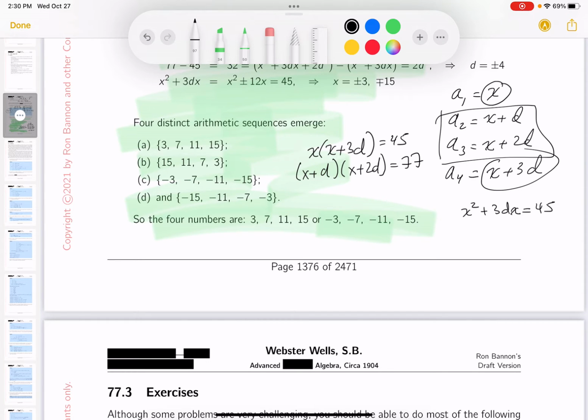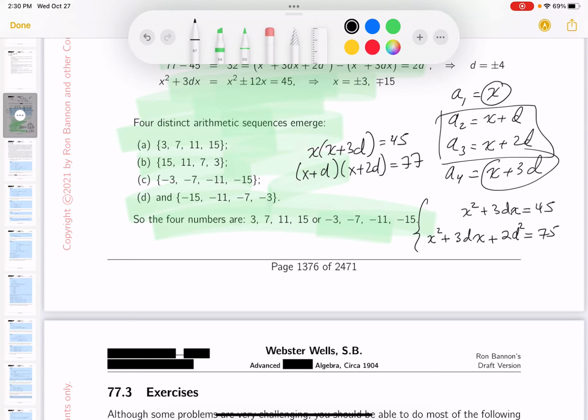On the second equation, you get x squared plus 2dx plus dx, 3dx, plus 2d squared equals 77. What I would do now is I would probably subtract the two, because I'm noticing that a lot of things would disappear. Now let me do that.